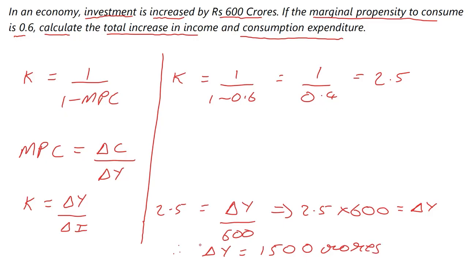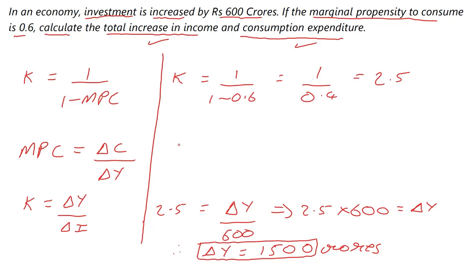So I have this answer, which is what is asked here: the total increase in income, 1500 crores. I have calculated the multiplier, with which I can now calculate the increase in consumption expenditure.